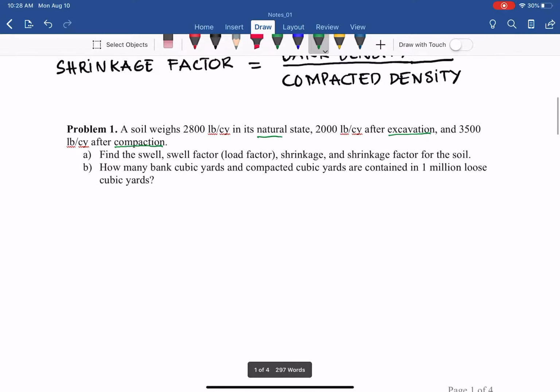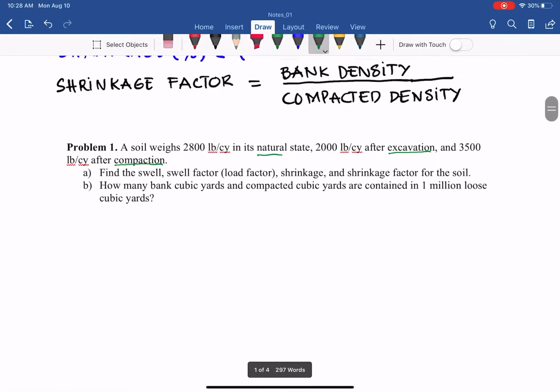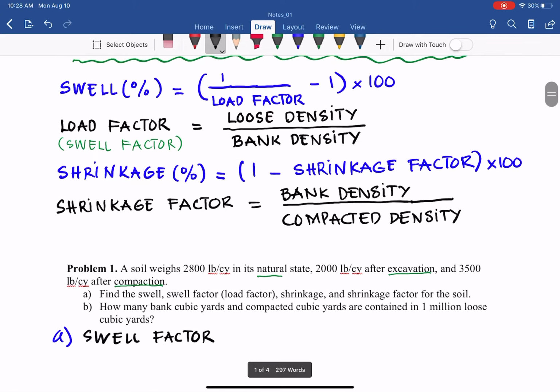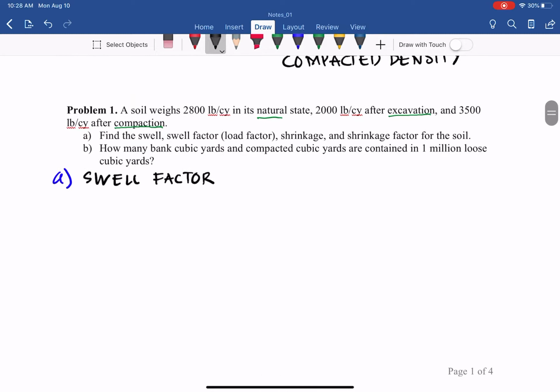So as you can see, we just apply the equation for swell factor, or load factor, from the equation we have above, right? Loose density over bank density. So loose is 2,000 pounds per cubic yard, natural state bank density 2,800. From that you get 0.71, and that is the first answer.